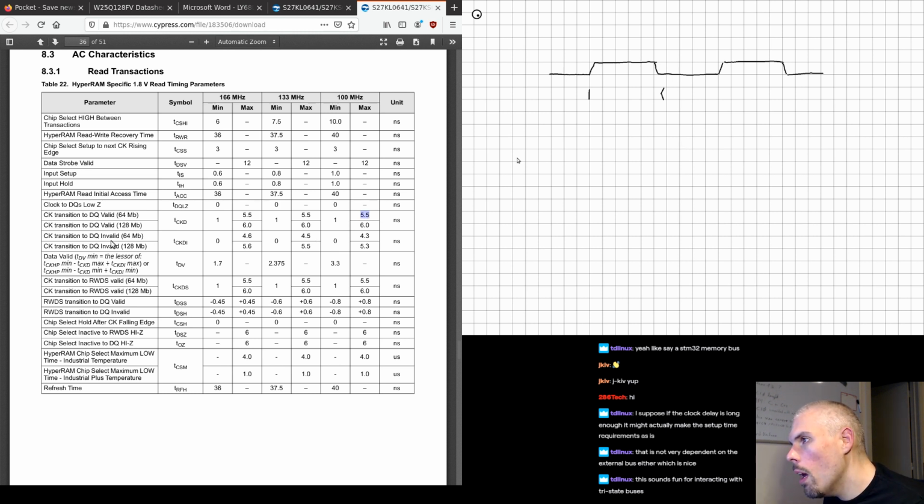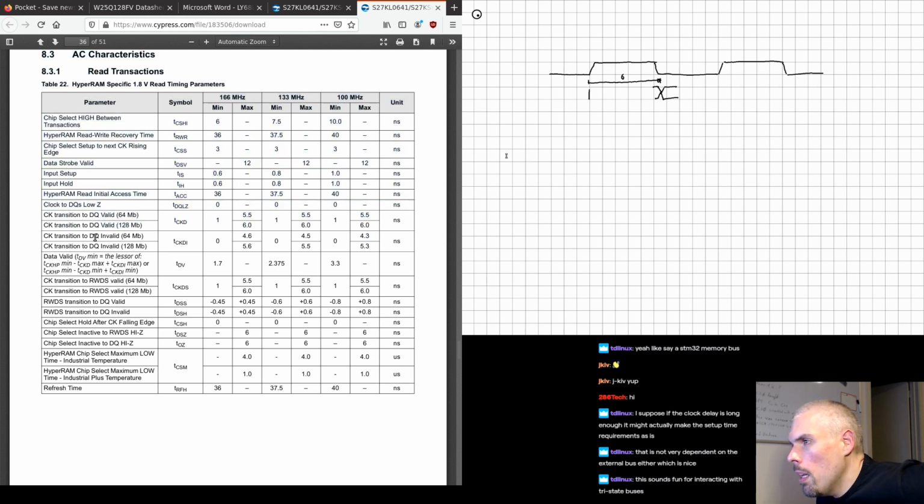And then we have a CQ, something like this, which, in the worst case scenario, takes 6 nanoseconds to become valid. I mean, that's the guaranteed timing. Or 5.5, depending on which chip, but it doesn't change much.